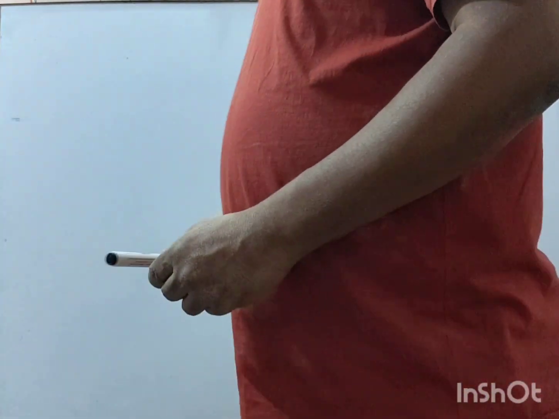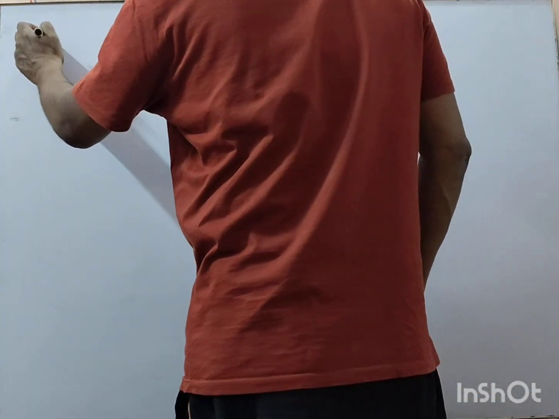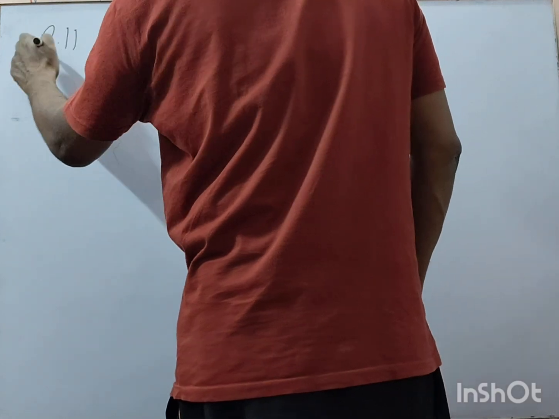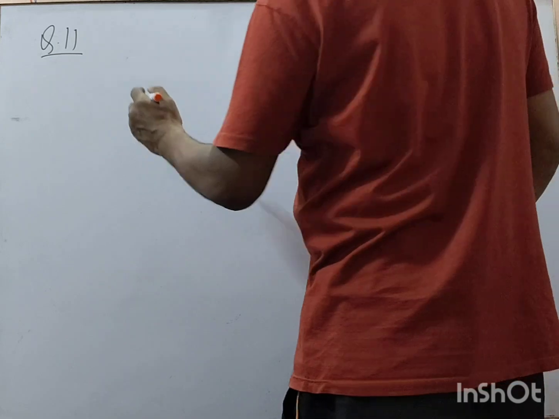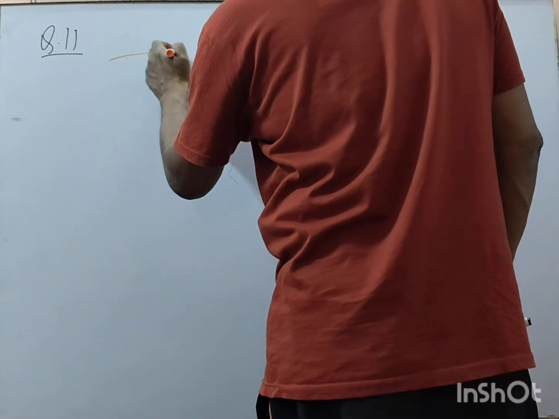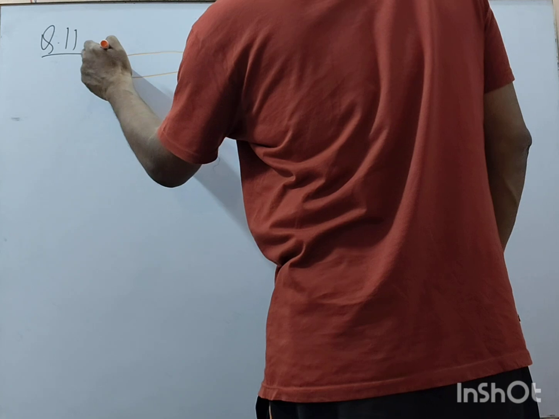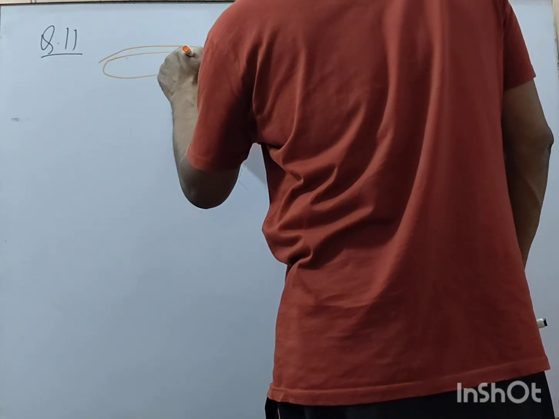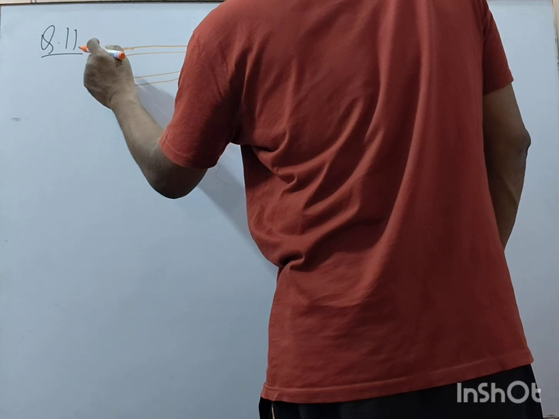A well with inner diameter. Question number 11. There is a well like this.